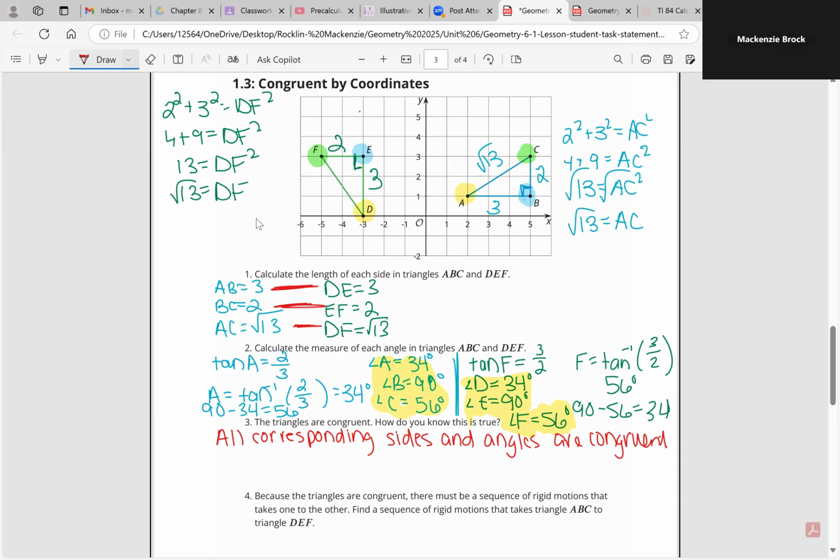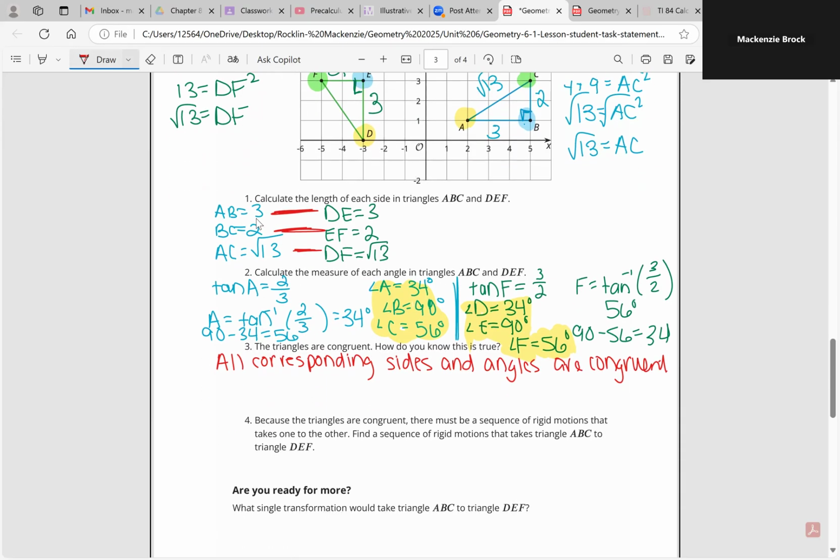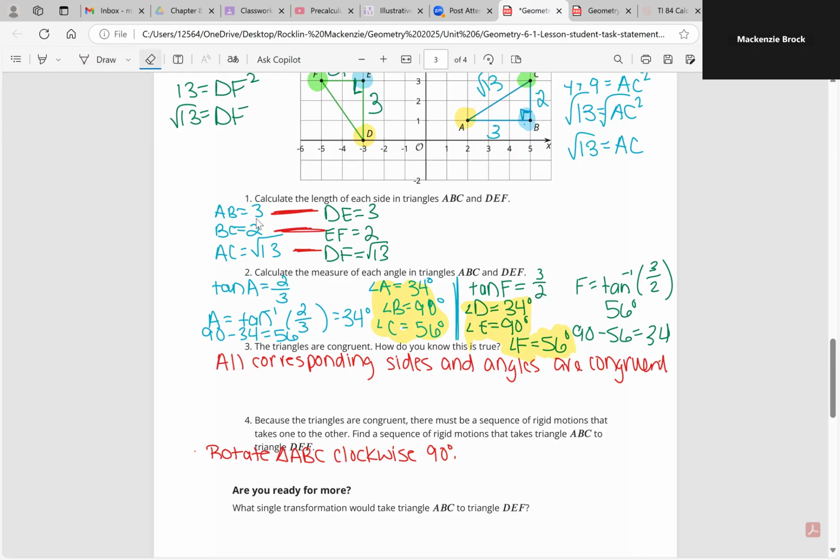So the first thing I would say is rotate triangle ABC clockwise 90 degrees, at center A.